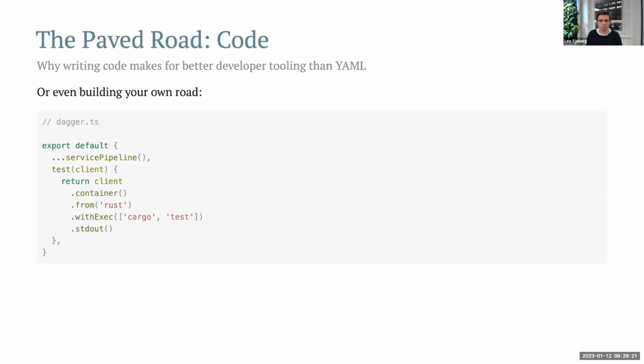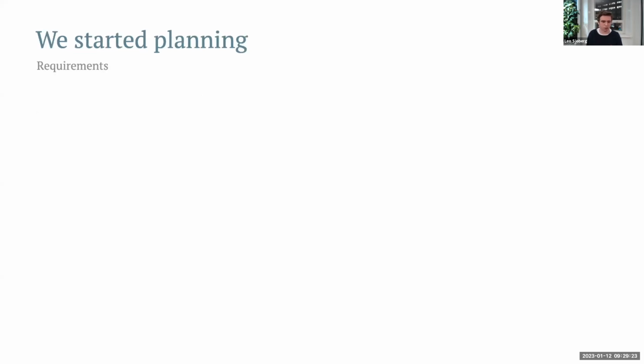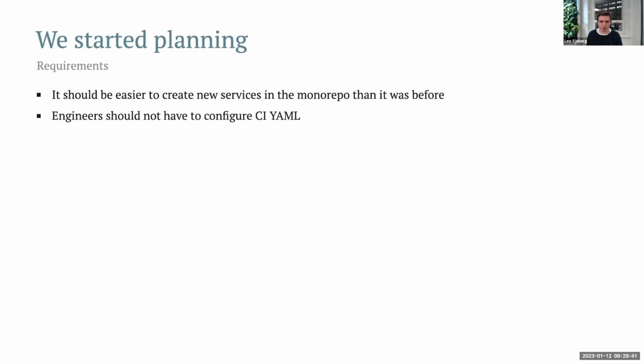So with this in mind, we got into figuring out what we wanted our developer platform to be like. Well, there's first a pretty obvious one. It should be easier to create new services than it was before. It was really painful. We wanted to make it easy. The next one was we wanted to get rid of YAML for our engineers, especially CI YAML, because it's the kind of thing that often results in 15 fix commits and feels like a lot of wasted time, right?